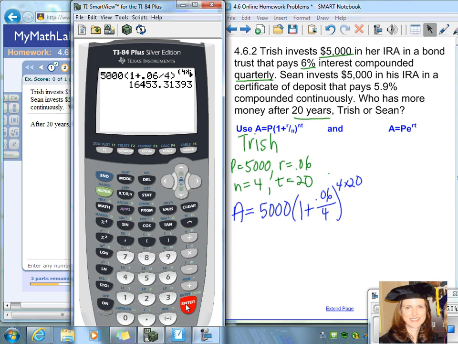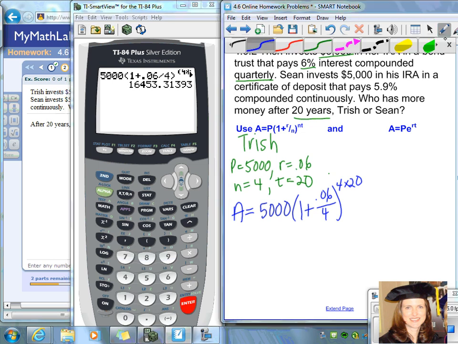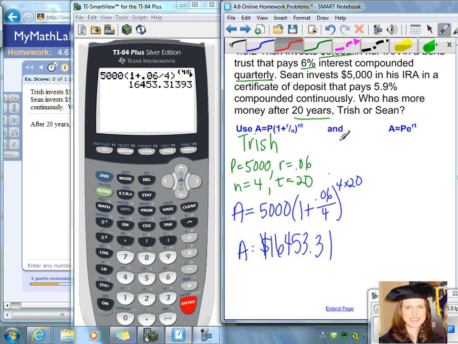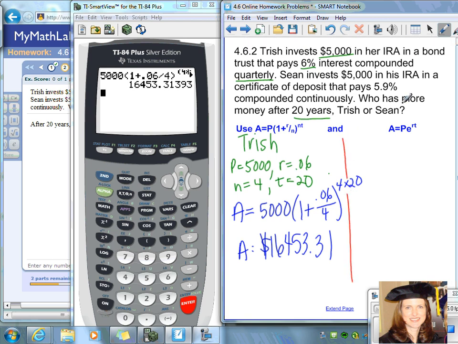So after 20 years, that $5,000 almost triples to the amount, which is $16,453.31.